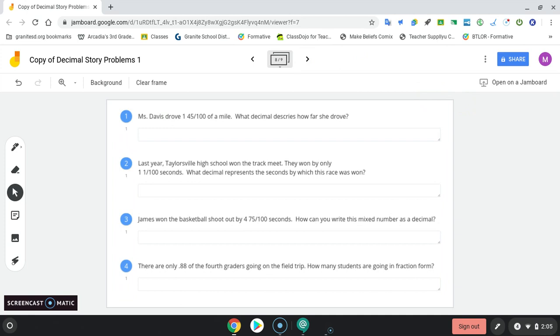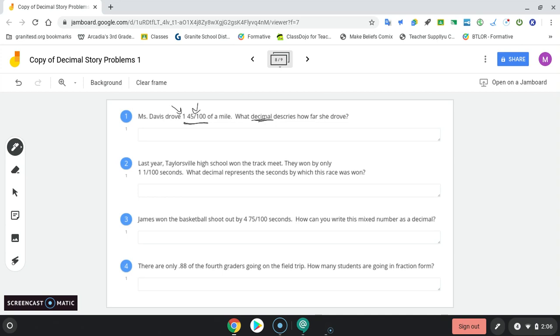Miss Davis drove 1 and 45 hundredths of a mile. What decimal describes how far she drove? So this one is asking you to take a mixed number, a whole number and a fraction, and convert it into a decimal.